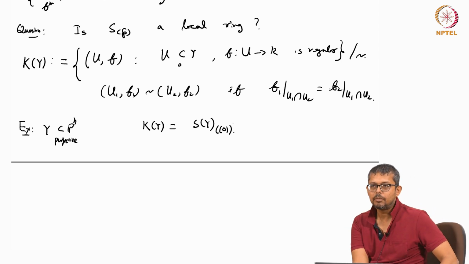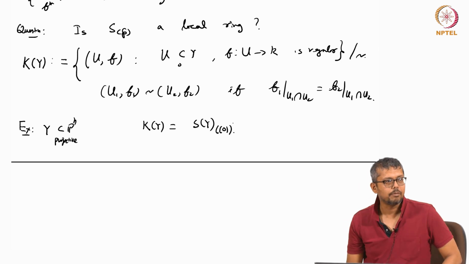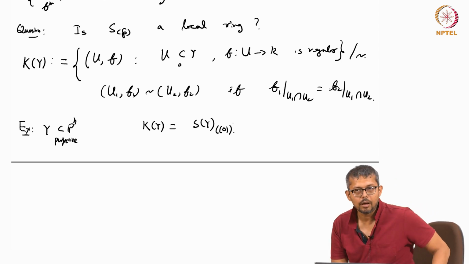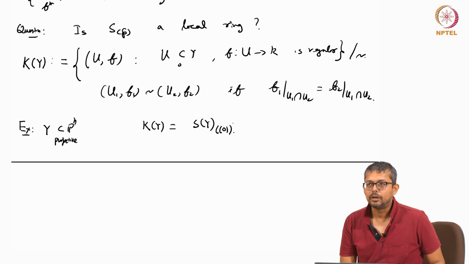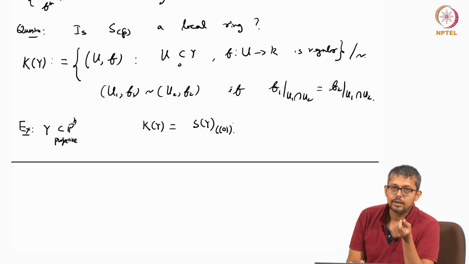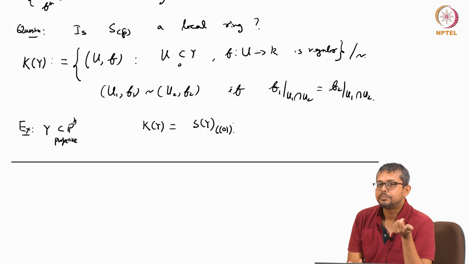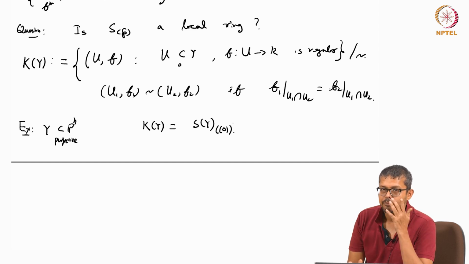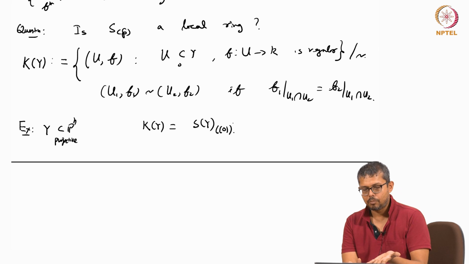Zero ideal is a prime ideal, right? Because after all, Y is an irreducible variety, so S(Y) is an integral domain. You take the quotient field of S(Y), but take the degree 0 part in the quotient field. Degree of any function in the quotient field makes sense because it is of the form a by f, degree of a minus degree of f, right? So take the degree 0 part.